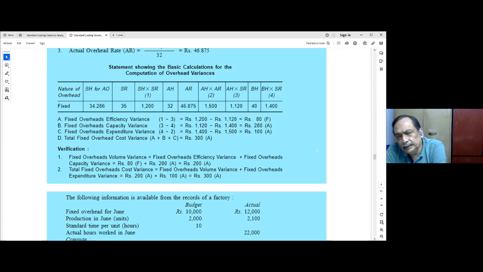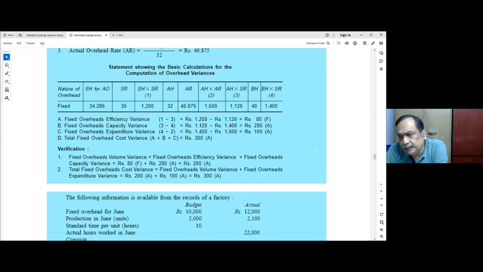That is nature of overhead, then standard hours for actual output, then standard rate, then standard hours for actual output into standard rate, let it be 1, then actual hours, then actual rate, then actual hours into actual rate, let it be 2, then actual hours into standard rate, let it be 3, then budgeted hours, and finally budgeted hours into standard rate, let it be 4.